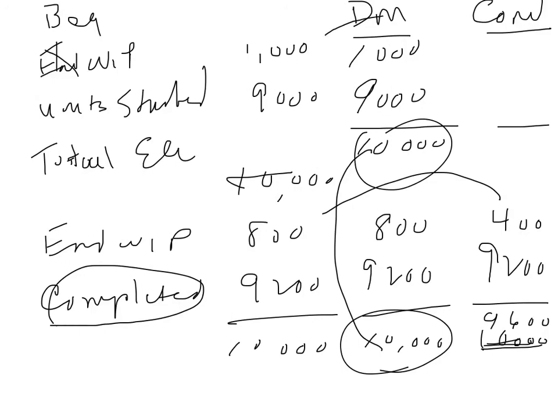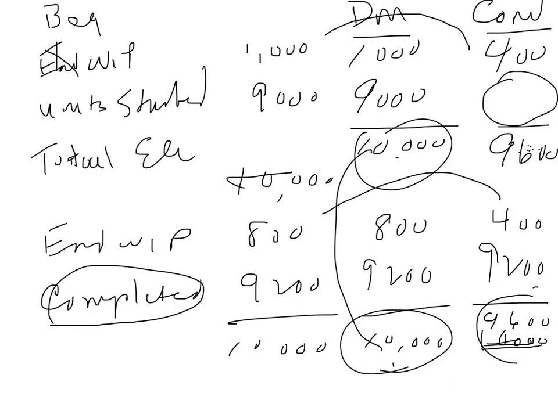So 40% of the 1,000 is 400. This number here has to equal the 9,600. Just like this equals that, this has to equal 9,600. So essentially we are plugging this number right here, and that number is going to be 9,200. So 9,200 plus the 400 will get us to 9,600, and it should equal. And that's how you set it up.